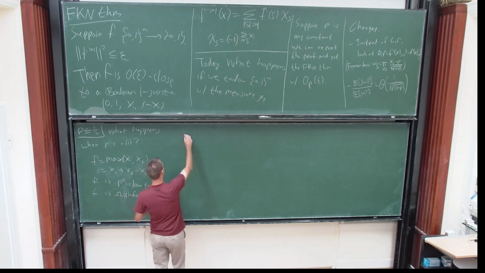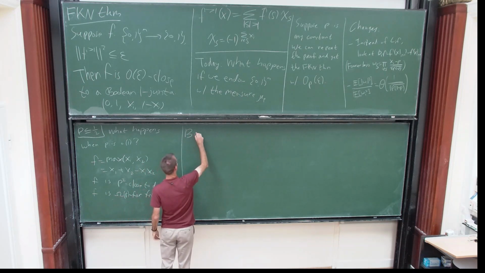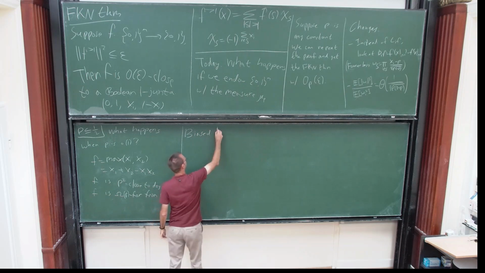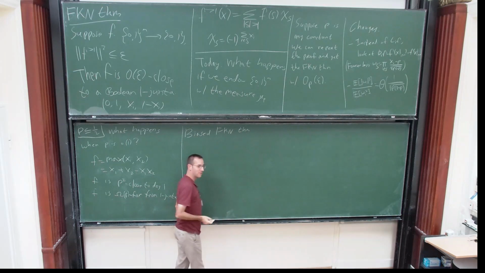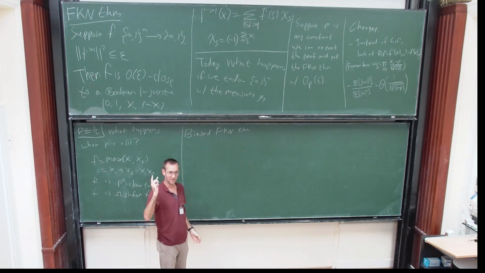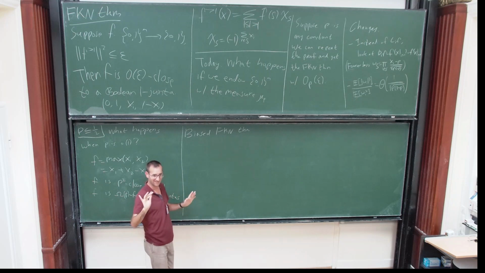But here's what does hold. So this is the biased FKN theorem, which has been used in some paper. Like there's at least one citation, so it's not completely useless.